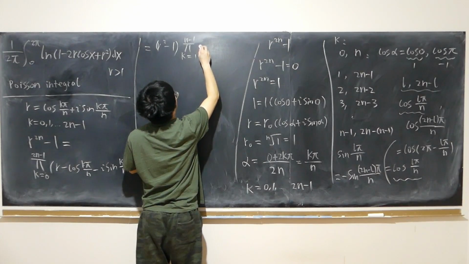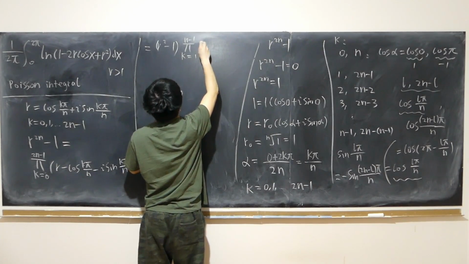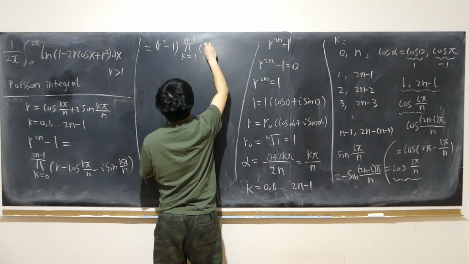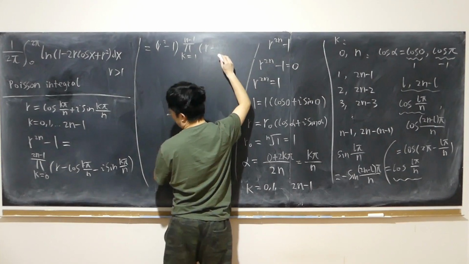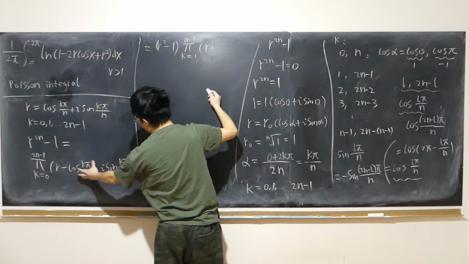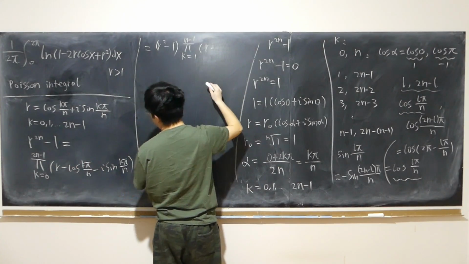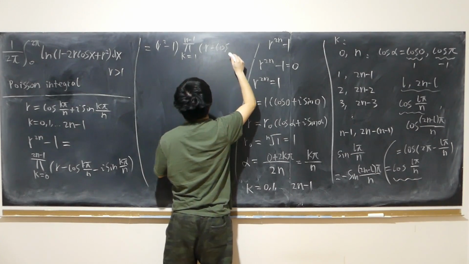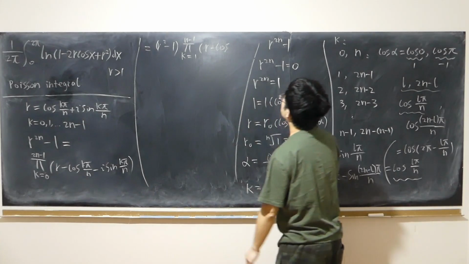Because I can simply write, r minus cosine k pi over n, because remember, cosine, they are all the same, symmetrical.